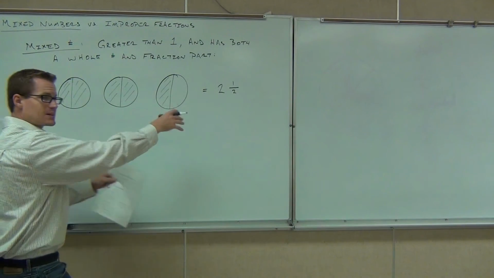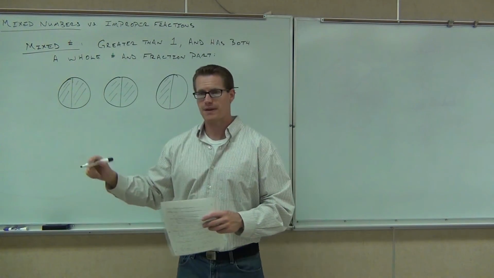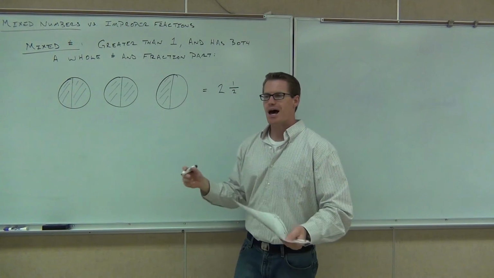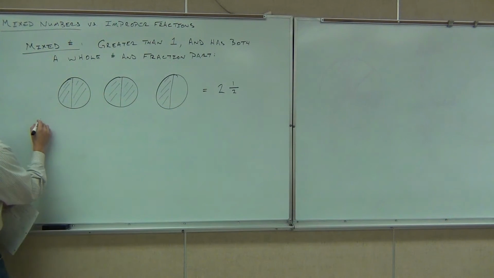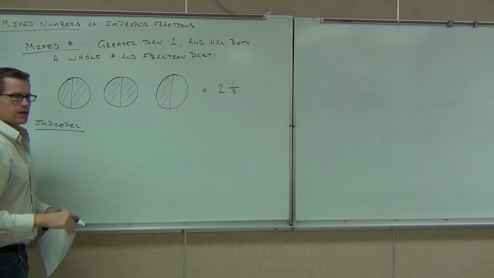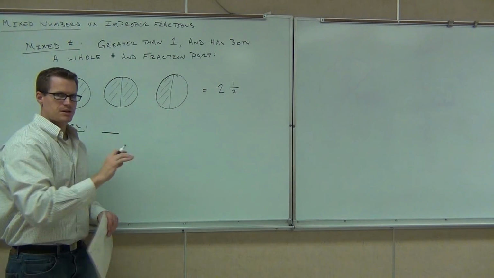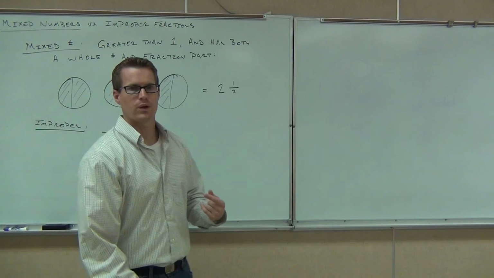So that's 2 and 1/2. That's a mixed number. It's more than 1, definitely more than 1. It's got a whole number part, that's our 2, and it also has our fraction part, that's our 1/2. However, could you also represent this as an improper fraction? Yes. Okay, remember improper fractions, the numerator was larger than the denominator, but the denominator still stood for how many parts each whole is cut into.